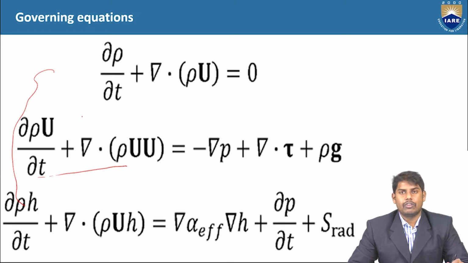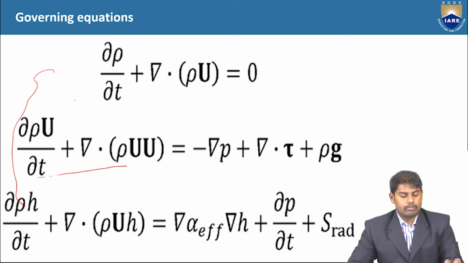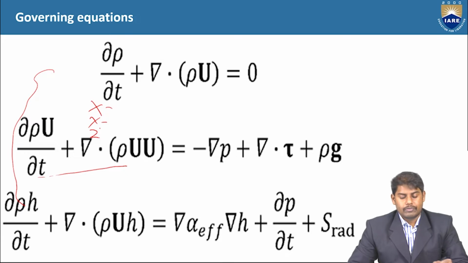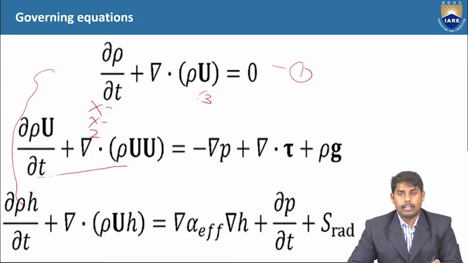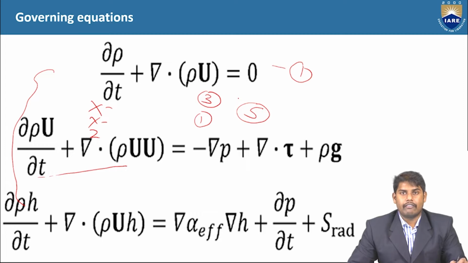If you want to write the momentum equation in scalar form, you will write the x momentum equation, y momentum equation, and z momentum equation. Therefore, one continuity equation, three scalar momentum equations, and one energy equation. So in total we have 5 governing equations.